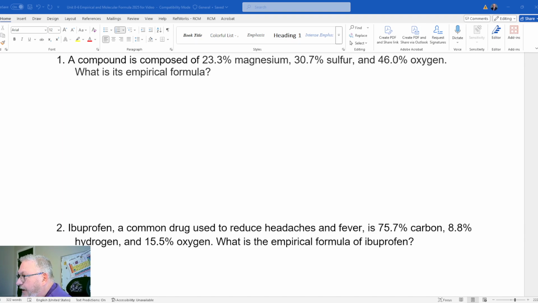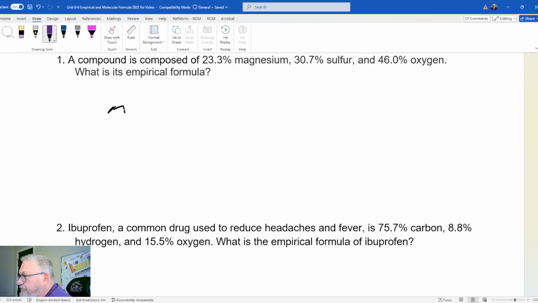So if I've got magnesium, Mg, and I've got sulfur, and then I also have oxygen. All right, I can assume that I have 23.3 grams of magnesium, and I've got 30.7 grams of sulfur, and 46% or 46 grams of oxygen.